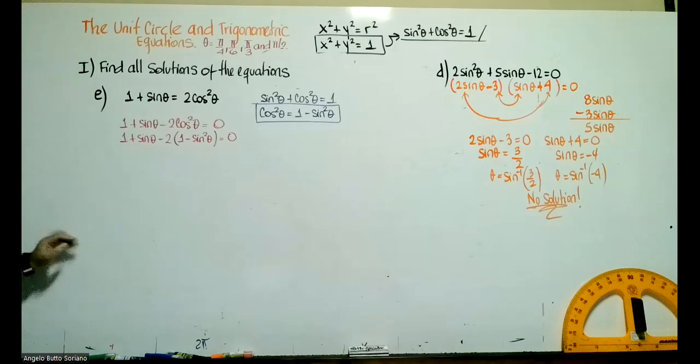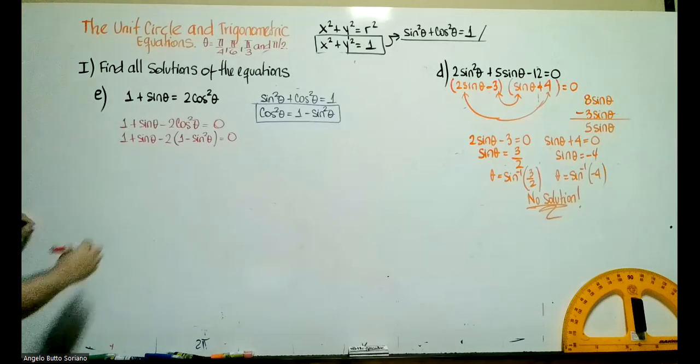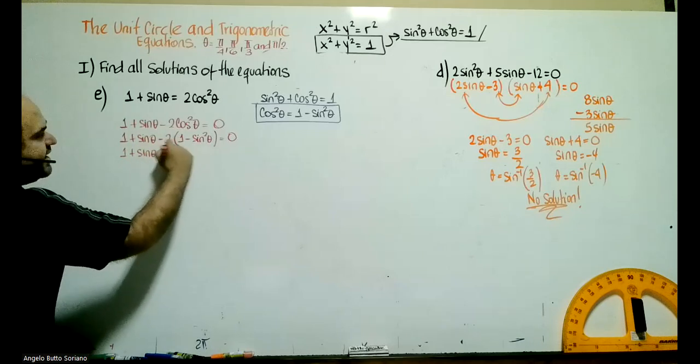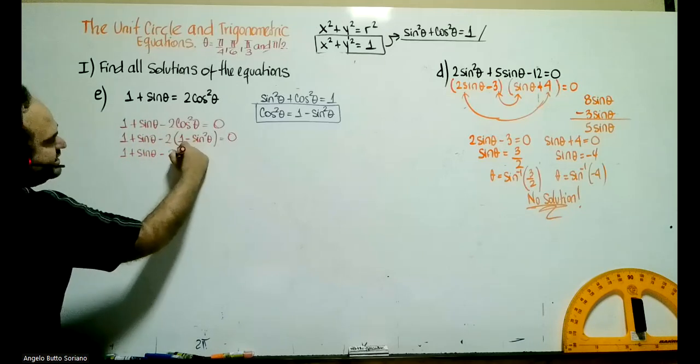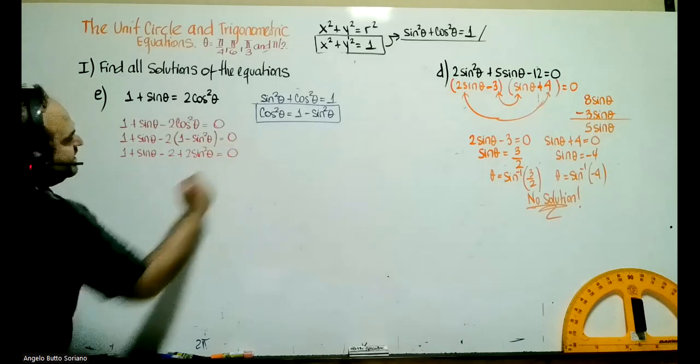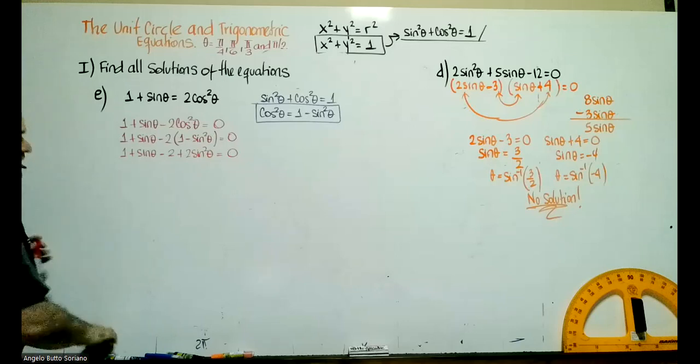What do we have to do? Let's apply the distributive property: 1 plus sine theta minus 2 plus 2 sine squared theta, and the entire equation will be equal to 0.